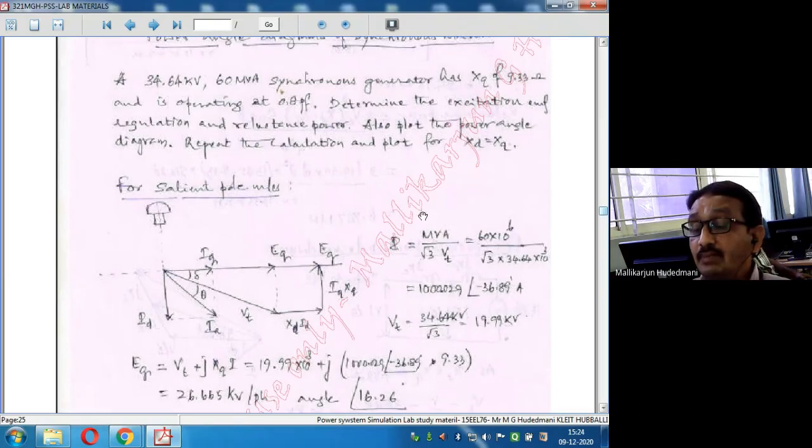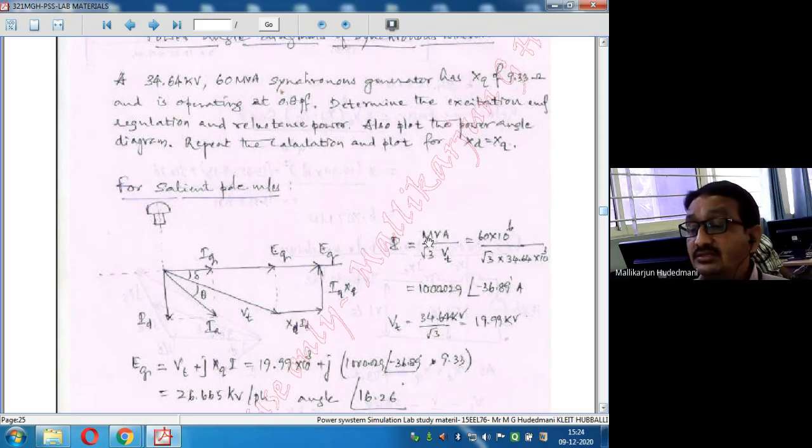Now look at the equation. Apparent power MVA equals root 3 Vt into IL, or root 3 VL IL, as we know from three-phase notation. Therefore, MVA is given, terminal voltage is known, so I am in a position to calculate the current it can output. This is equal to 60 MVA divided by root 3 into 34.64 kV.